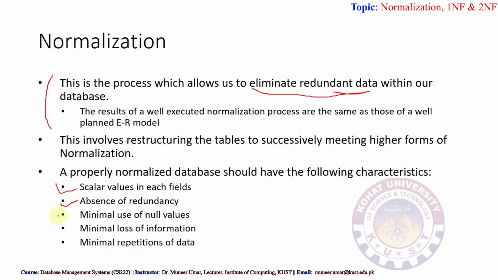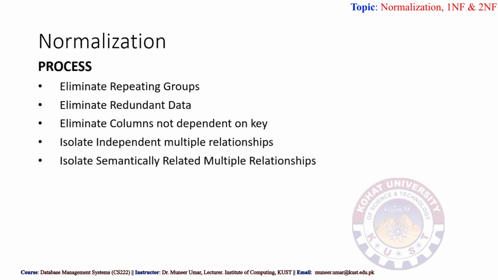Then minimal use of null values in all the tables. We will try to avoid null values, and also loss of information will be kept at a minimum, and there would be no repetition of data in the database, or the repetition kept at a minimal level.